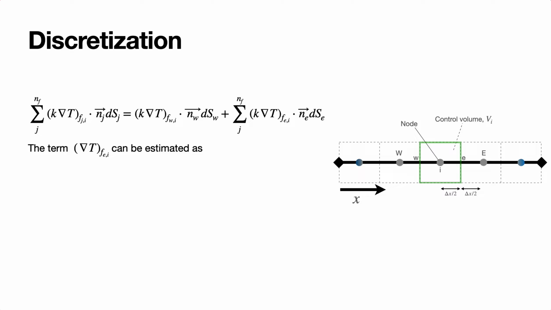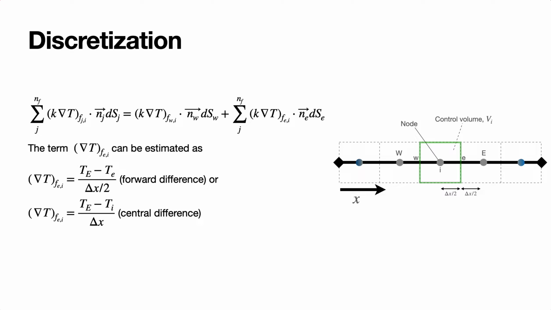So if we want to compute the derivative at each face, we can use the forward difference formulation and use the temperature at the neighboring cell that is represented by capital E, and the difference between the face and the center of the cell.